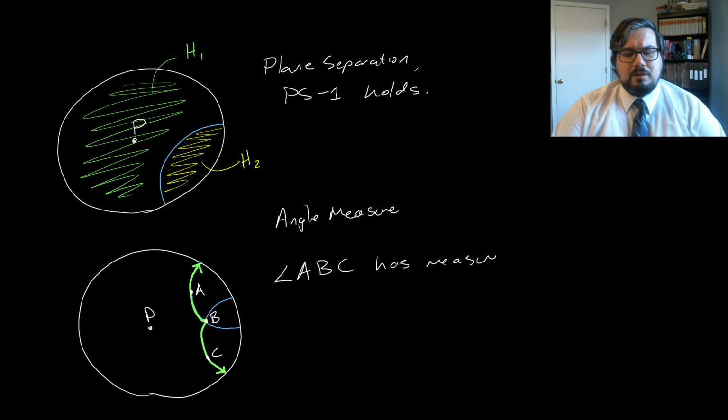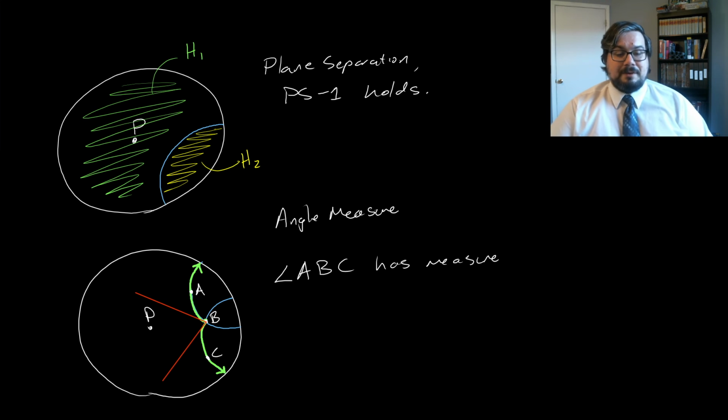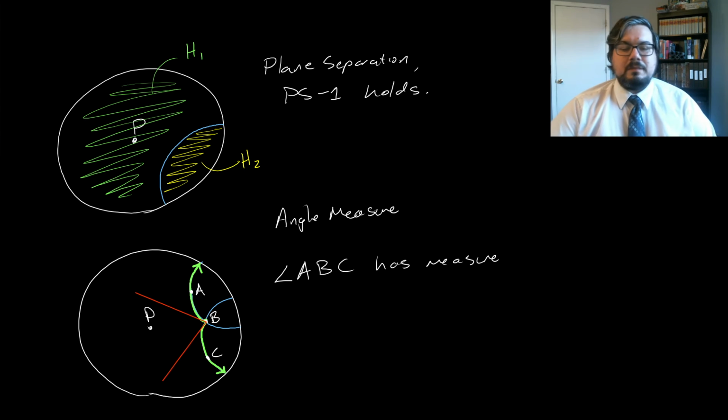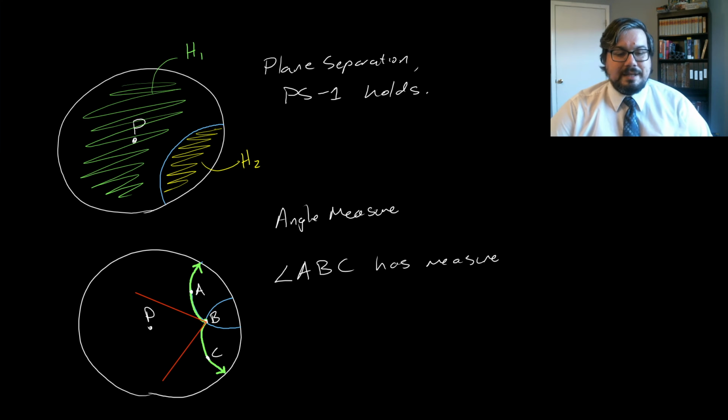But we want to know what's the measure. And the way that we get the measure is that we take the Euclidean tangent lines to the two circles defining the lines AB and BC, and we look at the angle between them.